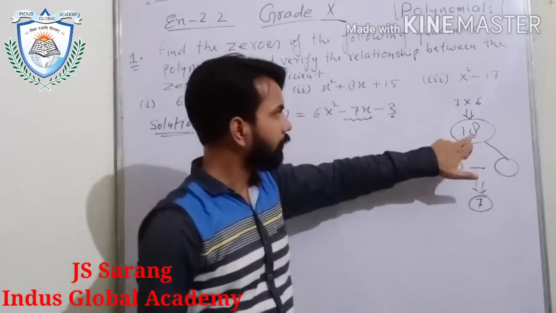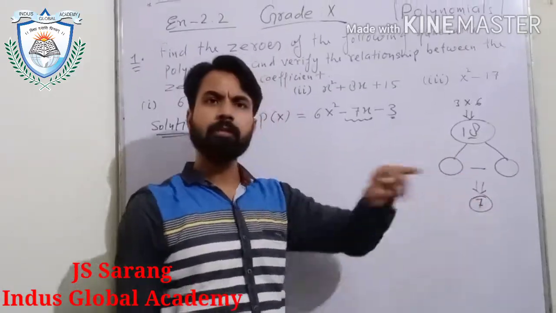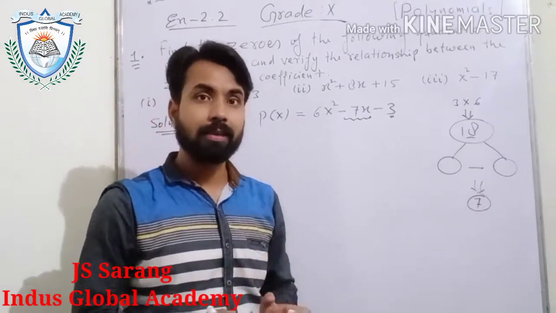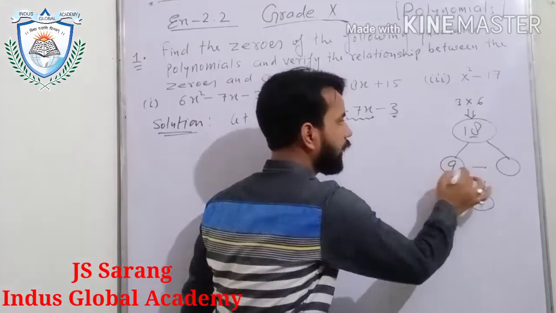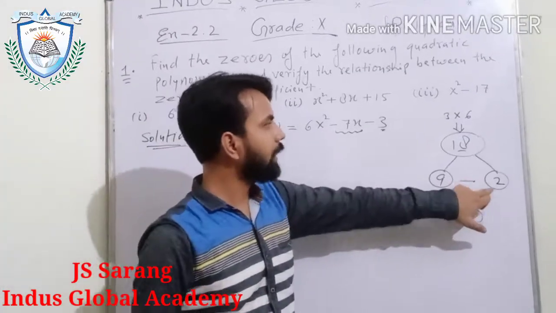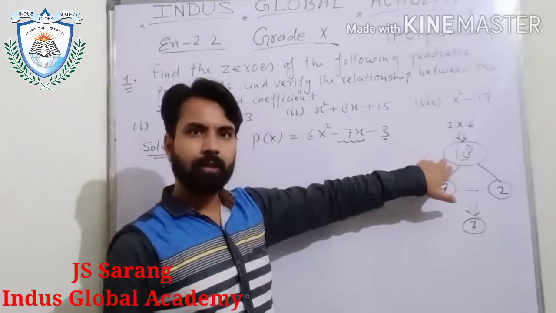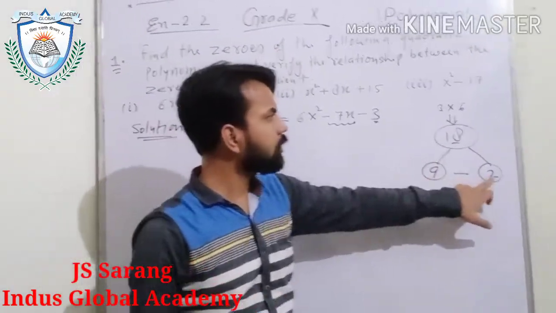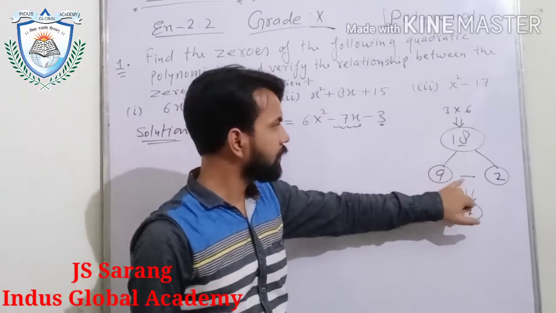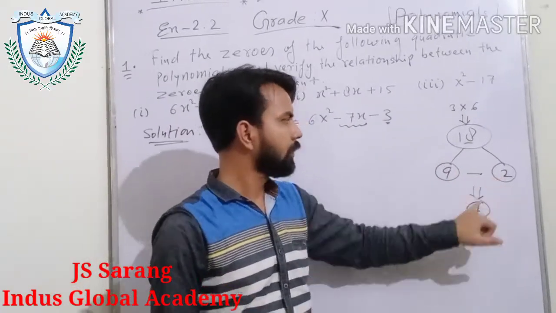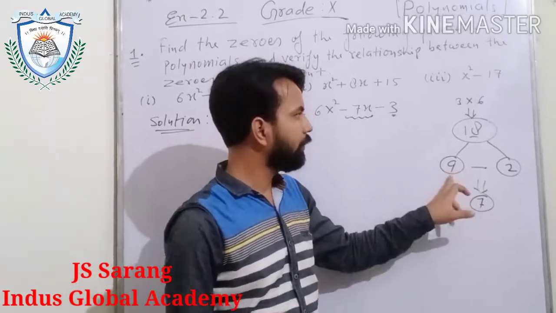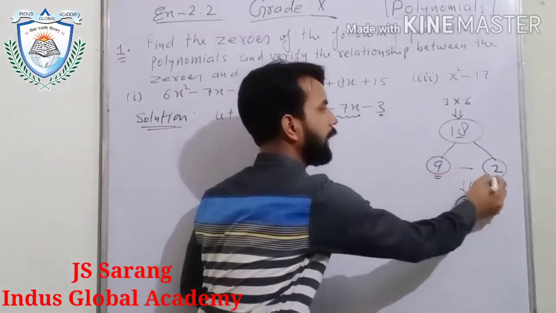Can you tell me the factors of 18 whose subtraction gives you 7? These factors will be 9 and 2. Just check. Both are factors of 18. The multiplication of 9 and 2, 9 twos are 18. And the difference, 9 minus 2, you will get 7. Am I right? So we get the numbers 9 and 2.